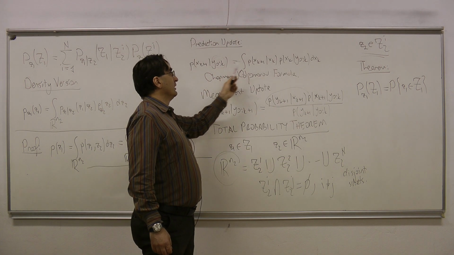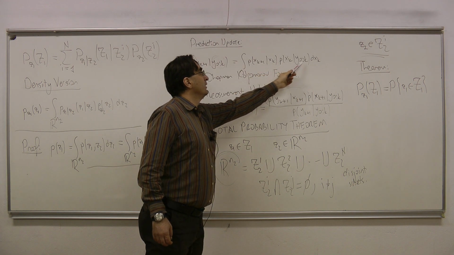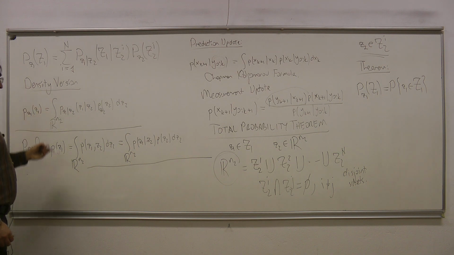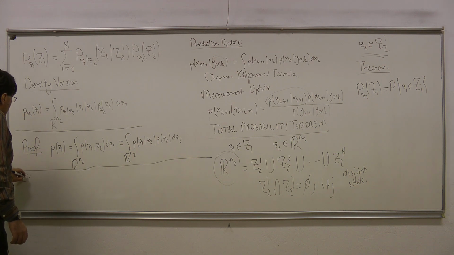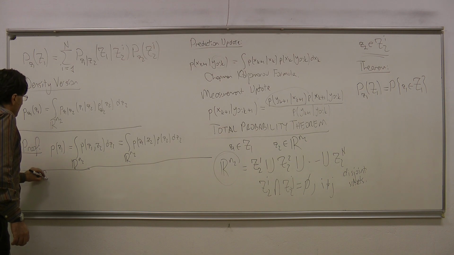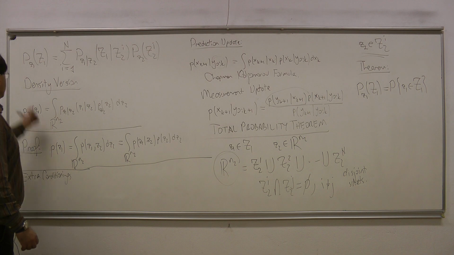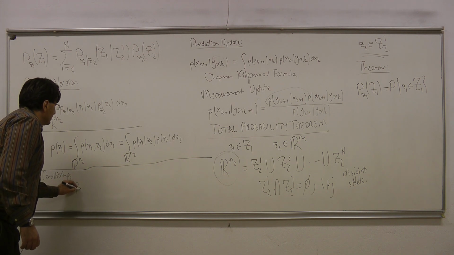So in this distribution, you can add these conditionings here, here, and here. Let us write here extra conditionings. In this case, you can write the following formula.